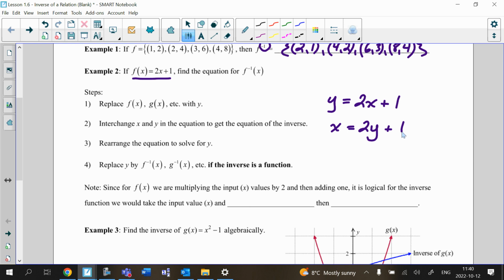The original function had y by itself, and the rest of it with x on the right-hand side. After I inverted it, I need to solve for y. So how do I solve for y? Well, I bring the 1 over to the other side by subtracting both sides by 1. And I get rid of the times 2 to get y by itself by dividing both sides by 2. I'm going to put it over here.